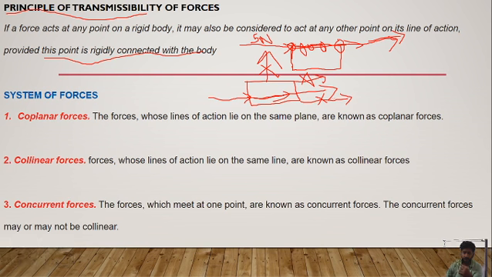And the next thing, we will be studying some kinds of forces. First thing is coplanar forces. Normally we will have 3 planes, the xy plane, yz plane, and xz plane. And actually these 3 are not the only planes we have to consider; we have to consider all the planes coming in this 360-degree rotation.